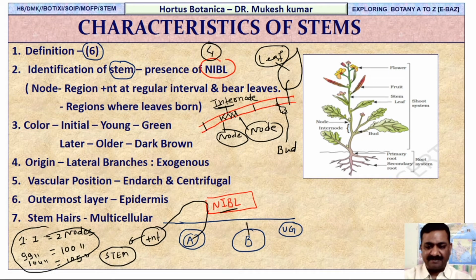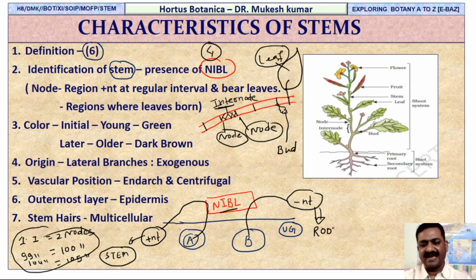But if you find specimen B where nibble is not present, there is no node, internode, bud and leaves, then just identify this specimen as root. So you can easily identify that a given structure from the underground condition will be either stem or root. Just recall the nibble: node, internode, buds and leaf, isn't it?